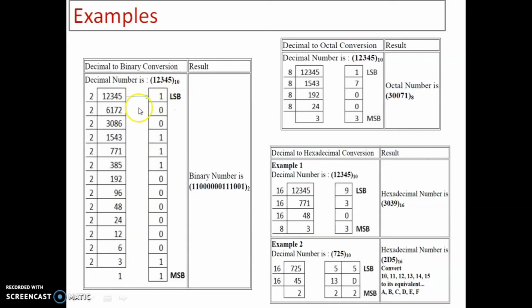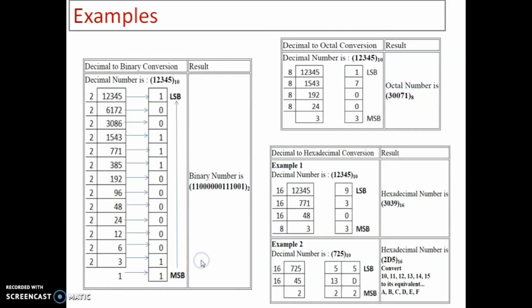Note it as LSB. And divide the previous quotient, that is 6172, again by 2. Note the remainder. And so on till you get the quotient as 0. And note the last remainder as MSB.